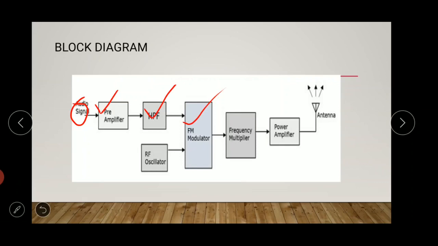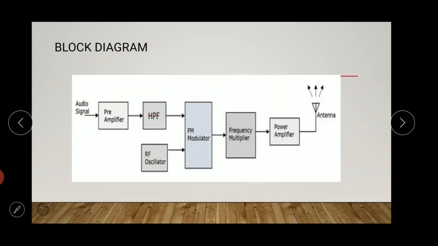The modulator circuit is the main part of an FM transmitter circuit. It converts the audio signal which is to be transmitted. The modulator circuit takes two signals as input. One is the signal coming from the high pass filter and another is the carrier signal that is coming from the RF oscillator.